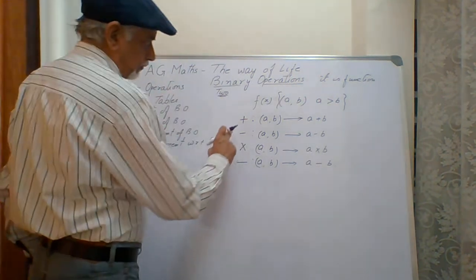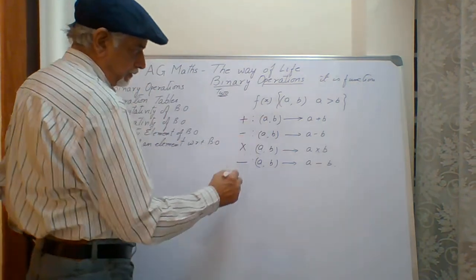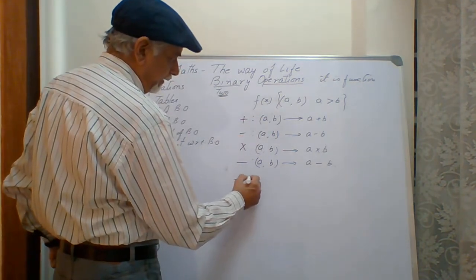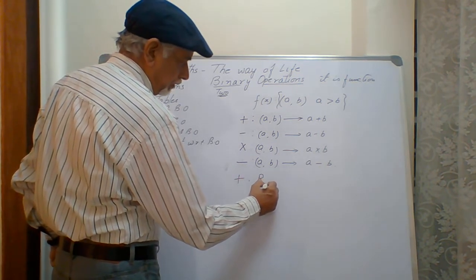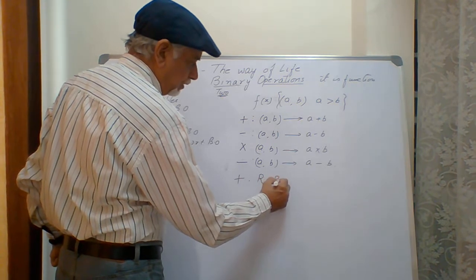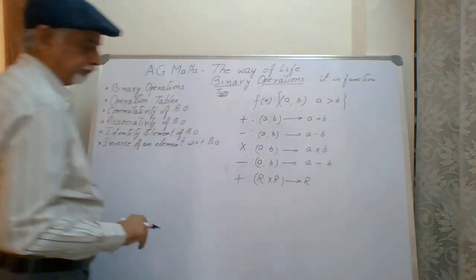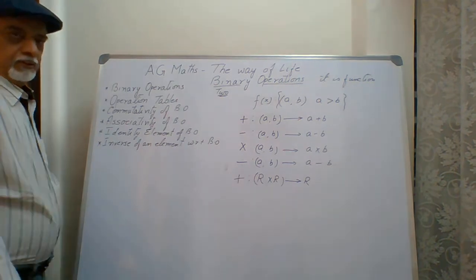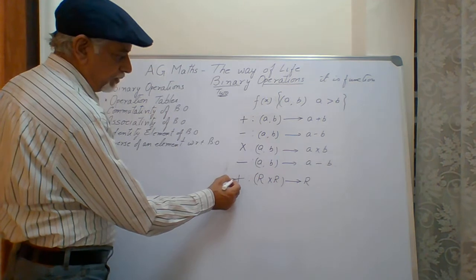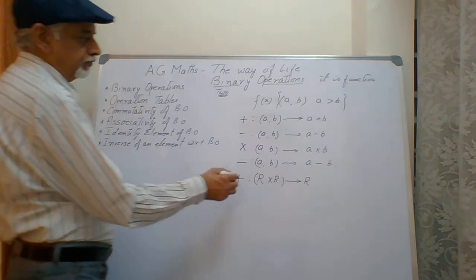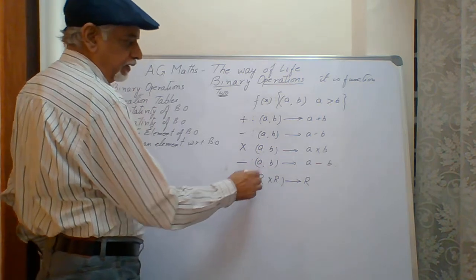Now, we can change these elements. For addition, if I write it is R cross R to R, this is another way of writing the binary operation of addition. The first element is a real number, the second element is a real number, and what we get is a real number.